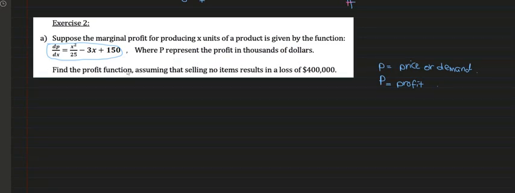Find the profit function. If we have the dP by dx, can we get the P? Can we derive the P from its derivative? Yes. If it was multiplied by 2, we would divide it by 2. If it was plus 3, the profit plus 3, then we will subtract 3 in order to obtain the profit.